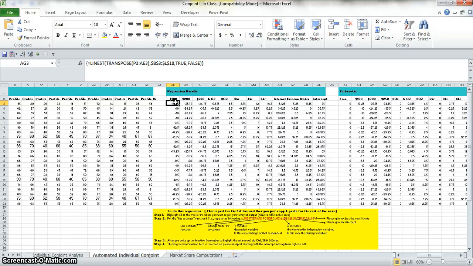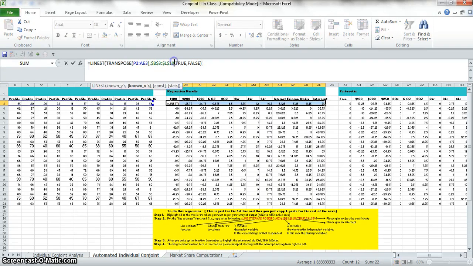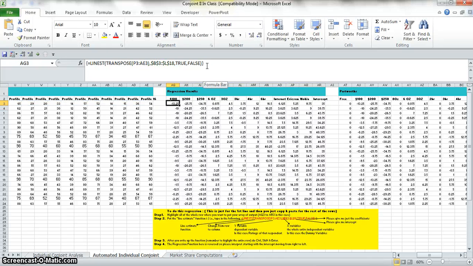And remember, when you put in your LINEST function, you're going to want to highlight the whole row first, then put in your equation, and remember to press Control Shift Enter because you're creating an array to get the answer, and it'll cause those squiggly lines right here to form if you press Control Shift Enter.